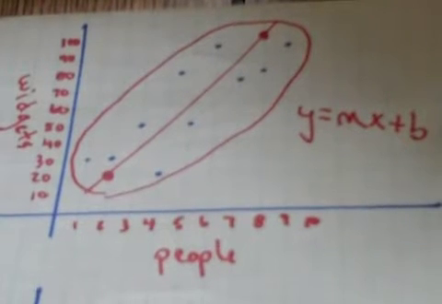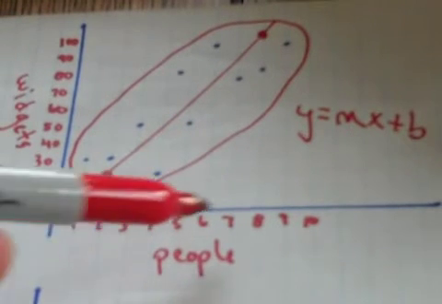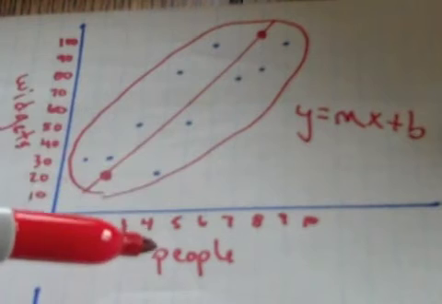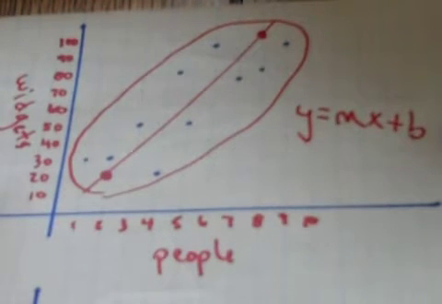Alright, so now let's put in our labels. I went by 10s on this axis and I went by 1s on this axis. Let's say that this axis represents the number of people and this axis represents the number of widgets per person. So I could make a prediction.